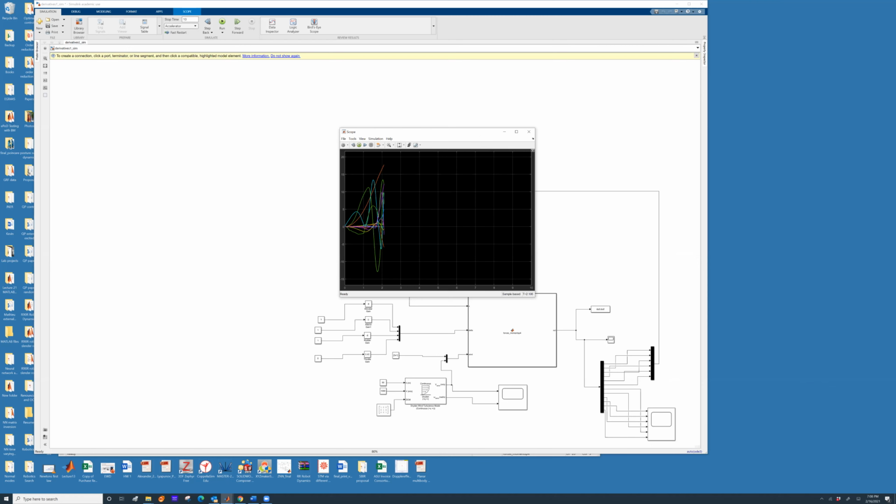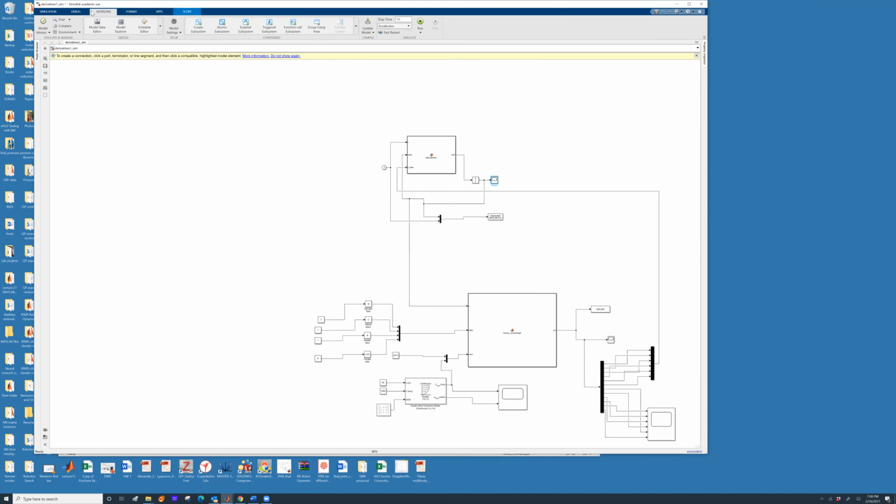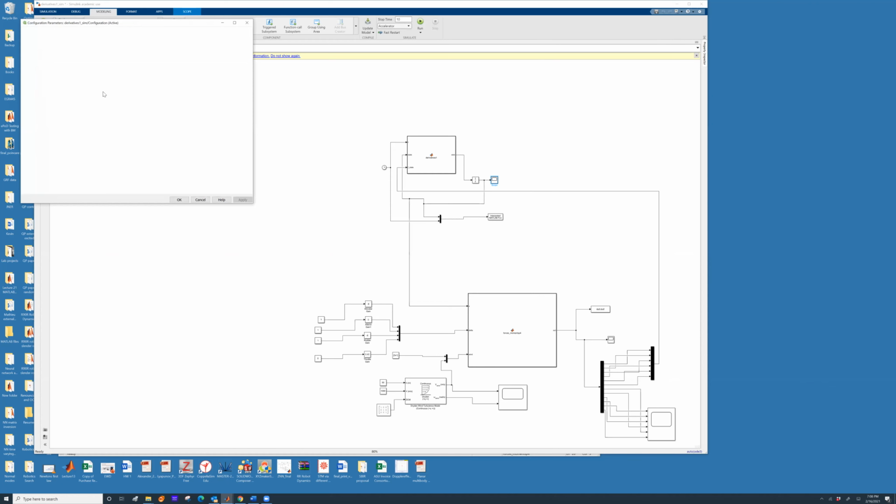If your simulation is causing your MATLAB to crash, you will have to change the simulation parameters by going over here, modeling, model settings, and tune the simulation parameters here.